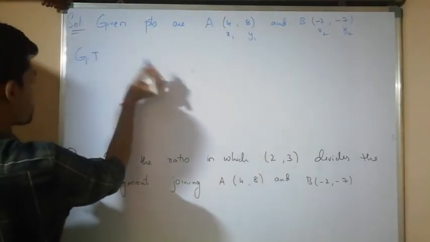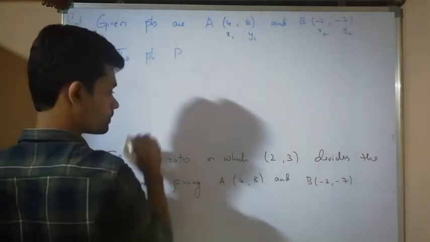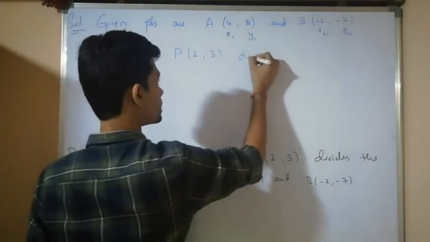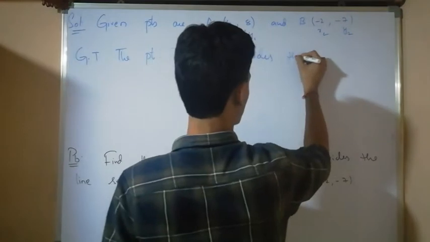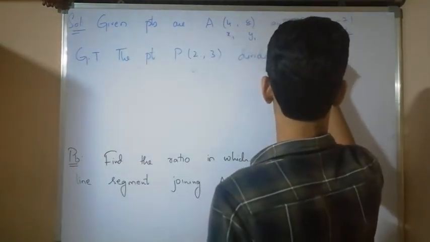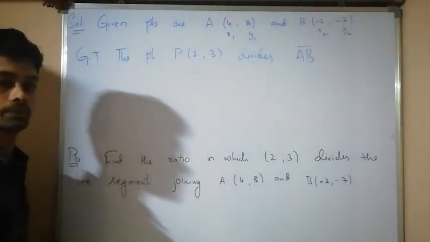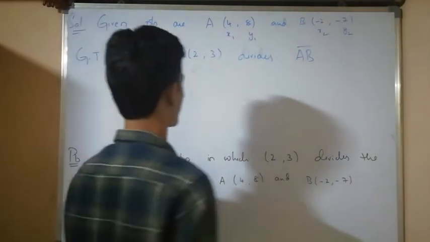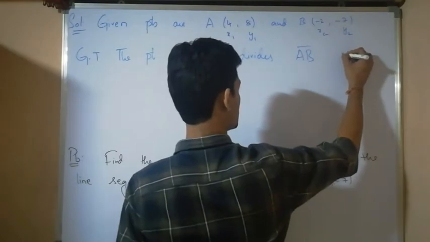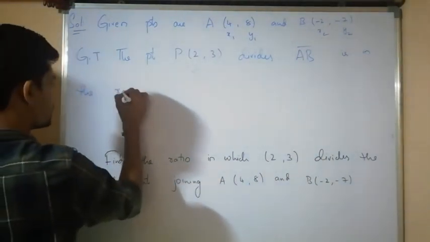Given that the point, let us take P(2, 3), divides the line segment AB in the ratio.